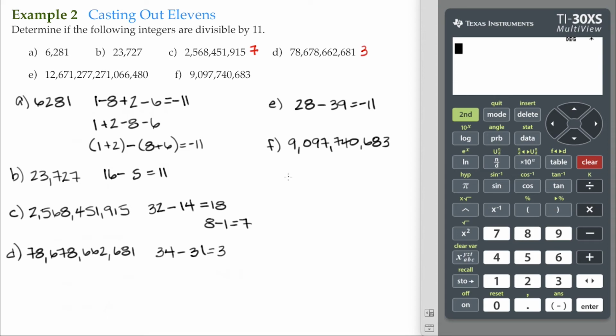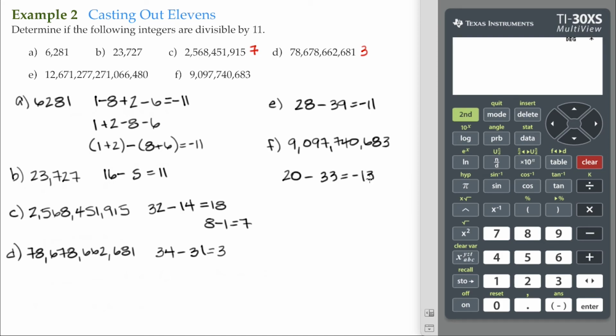And then 0, so this is 20. The next rightmost number, that's 8 and counting back every other one. 8 and 0. And then 7 more, that's 15. And then 9 more, that's 24. And then 9 more again, that's 33. 20 minus 33, that's negative 13.